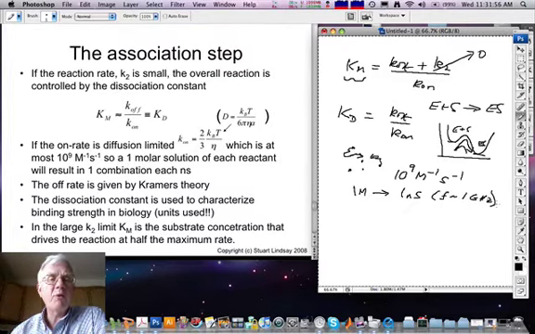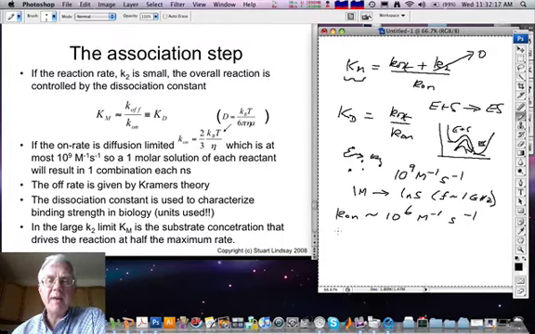In practice, for biological complexes, they have both to collide with one another and do so in the right orientation, and a more typical value of K on for biological complexes is about 10 to the 6 per mole per second.